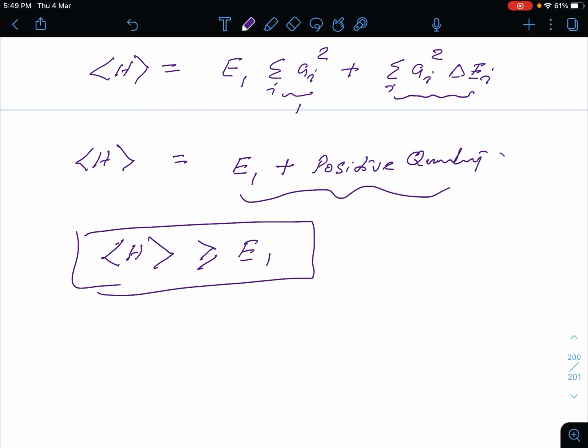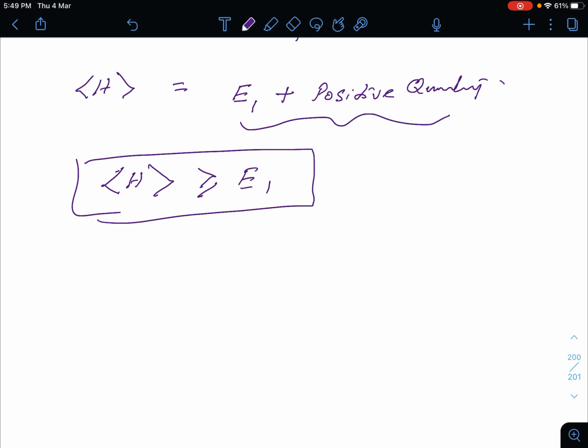So what we usually do is this: we don't know the exact wave function, so we will be using an appropriate trial wave function and the expectation value of H will be evaluated.